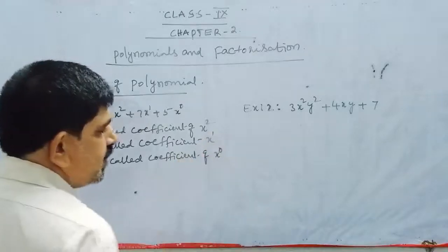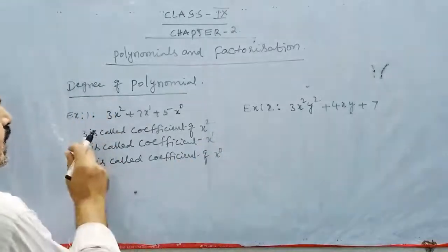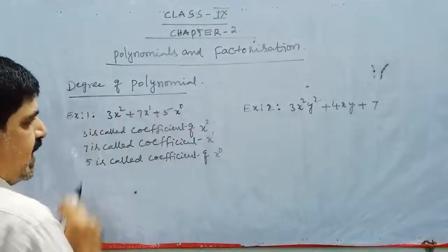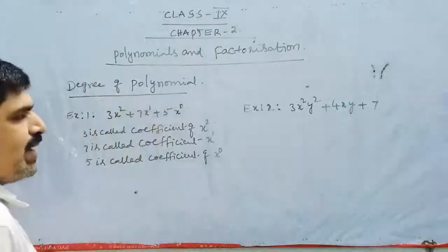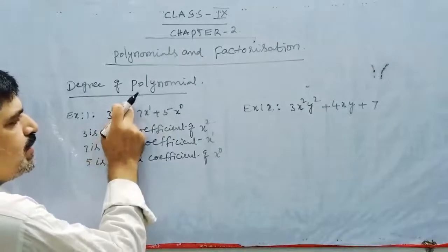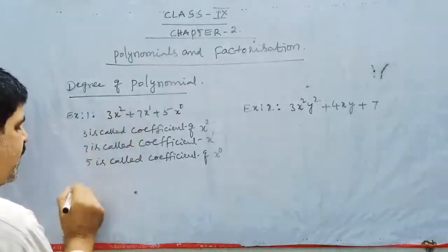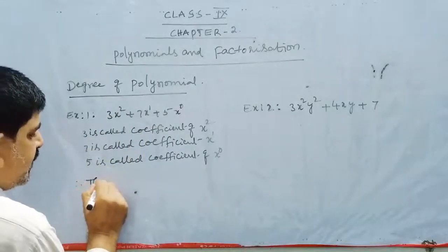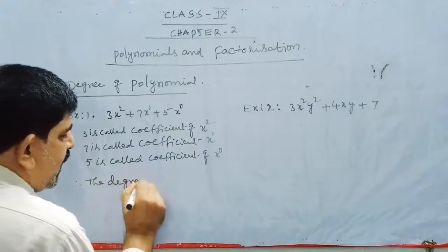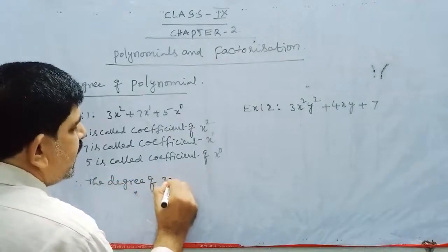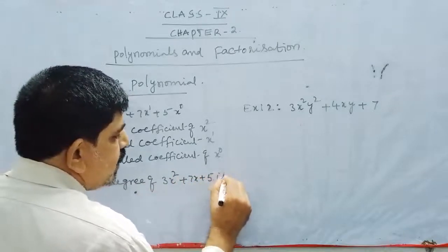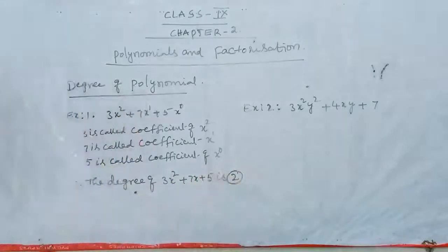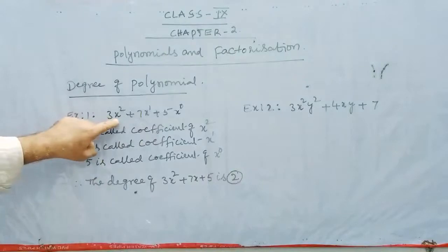Here x to the power of 1. Okay, so these are called the coefficients. In these three terms, the highest power is 2. Okay, so therefore the degree of 3x square plus 7x plus 5 is 2. So the degree of the polynomial is 2. Highest power is known as the degree of the polynomial.